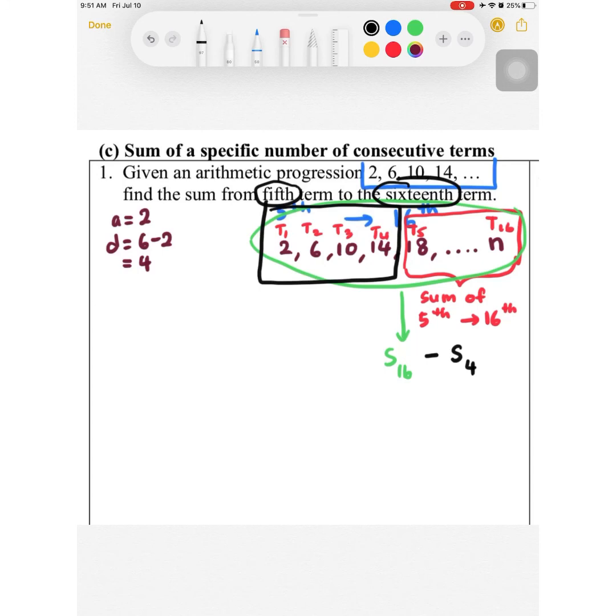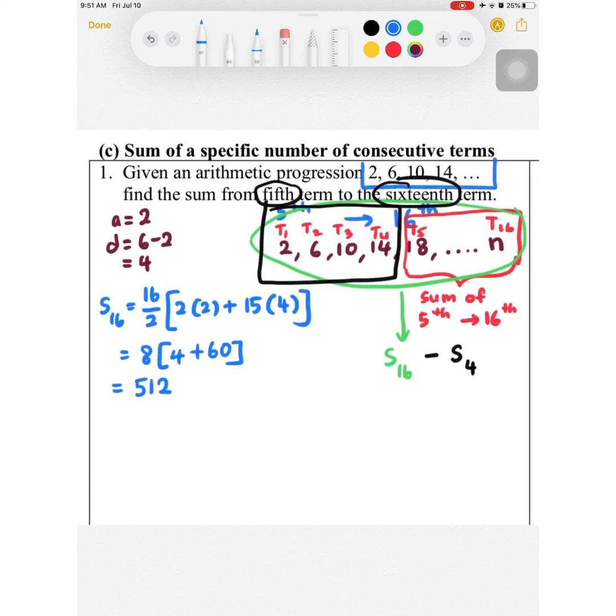So let's start. S16 is equals to 16 over 2 times 2a plus n minus 1, which is 15, times d, 4. Then you'll get 4 plus 60, you get 512.